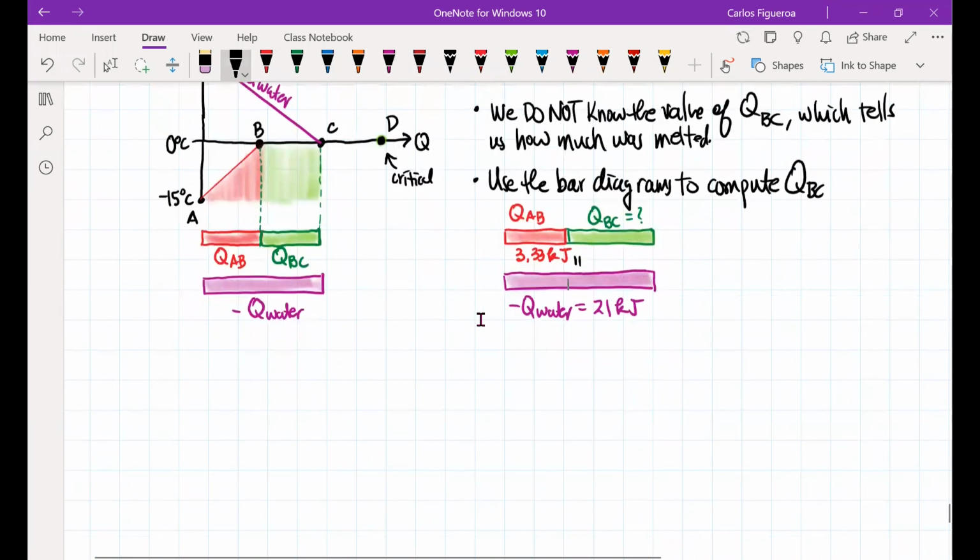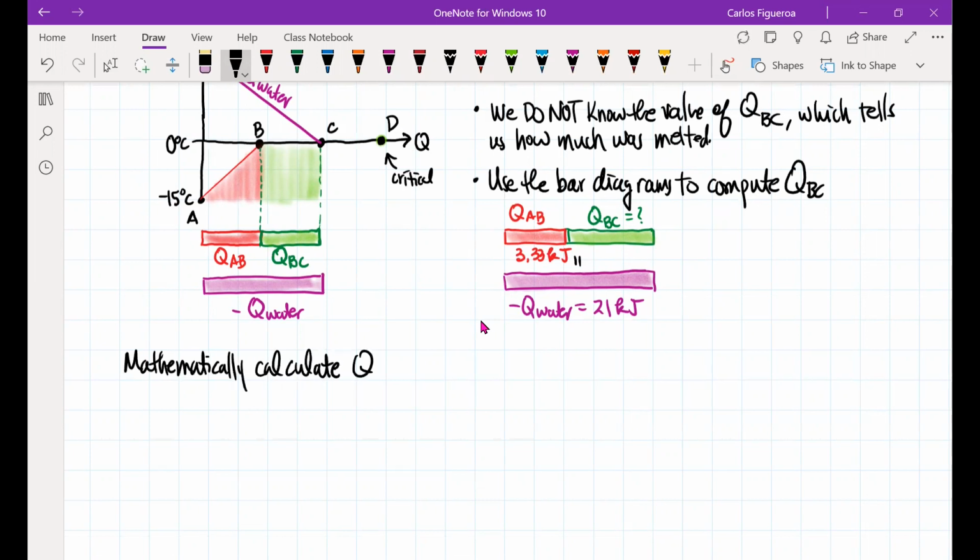So now we want to mathematically calculate QBC. If I do that, look what happens here. You can clearly see that minus Q of water has to equal QAB plus QBC.